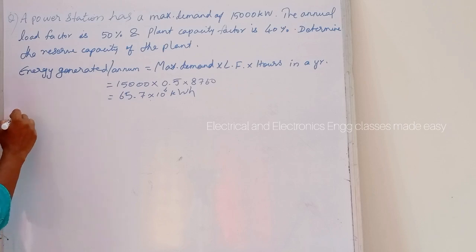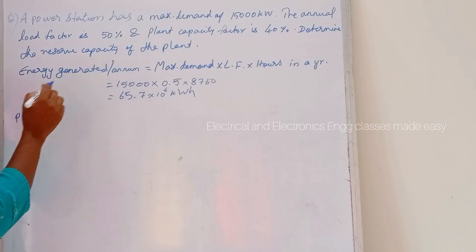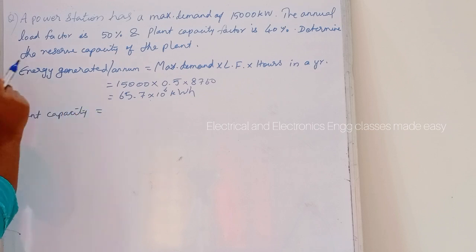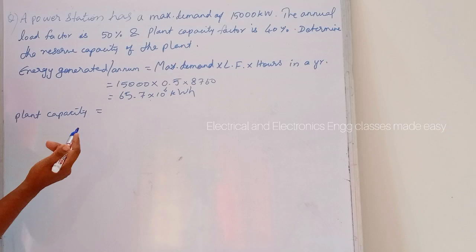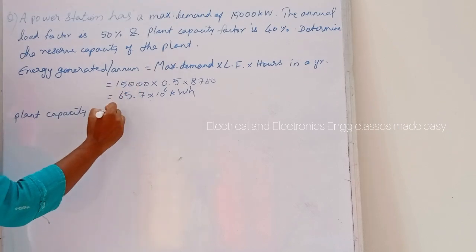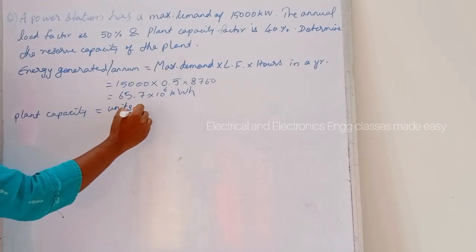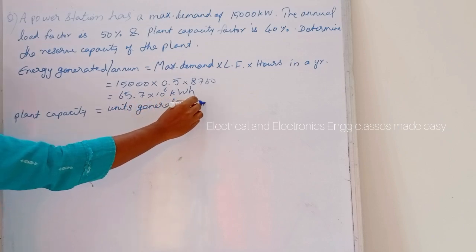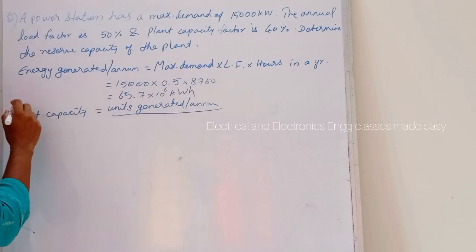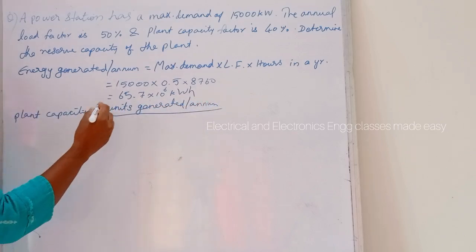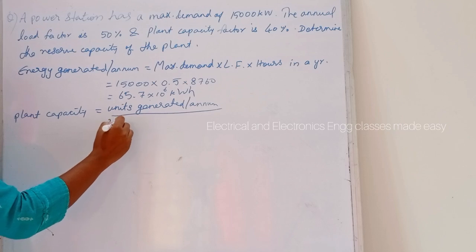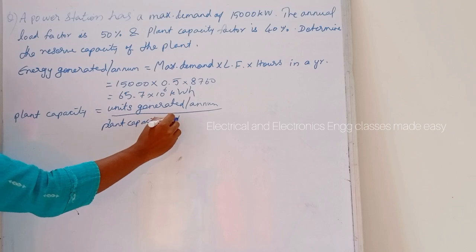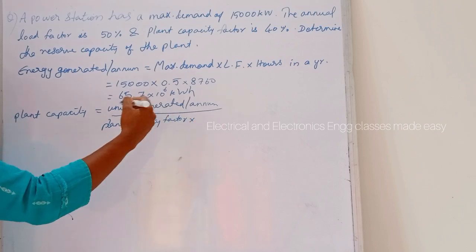Now we can find the plant capacity. From the equation of plant capacity factor, plant capacity is equal to units generated, or energy generated per annum, divided by plant capacity factor into hours in a year.